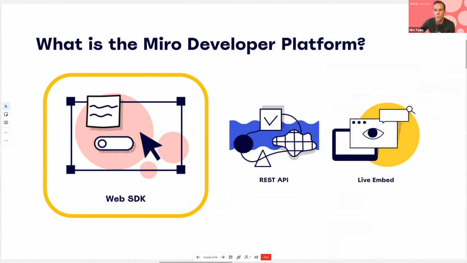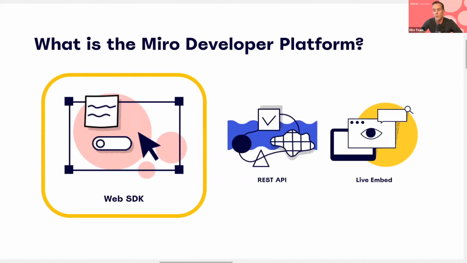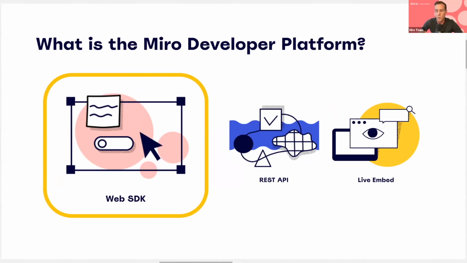While we're going to be focusing primarily on the Web SDK, which is our front end capability that allows you to create an app that runs directly on a Miro board, I do want to say that there are other capabilities as well. Although we won't get into too much detail on our REST API and our live embed specifically right now, for those of you who are curious, you might consider using these for use cases around integrating Miro with a third party or embedding Miro directly on a web page, respectively.